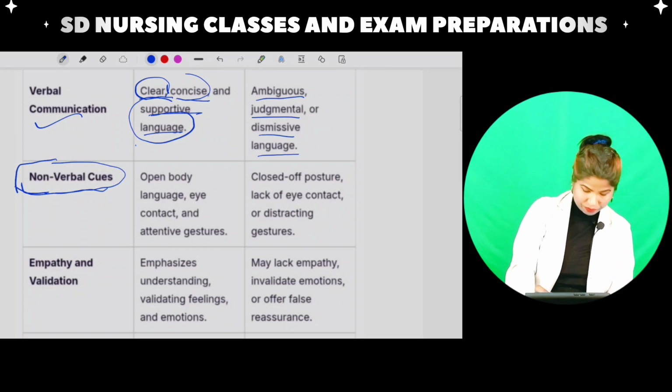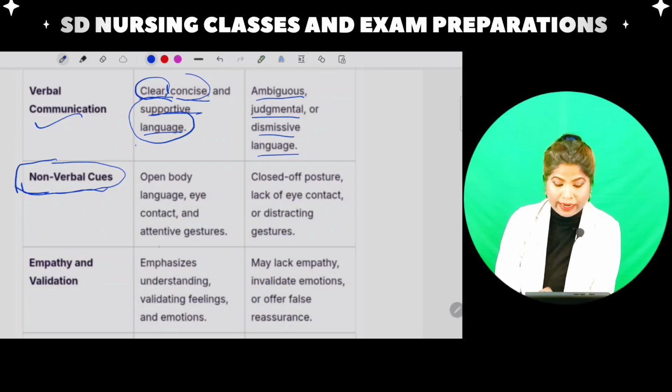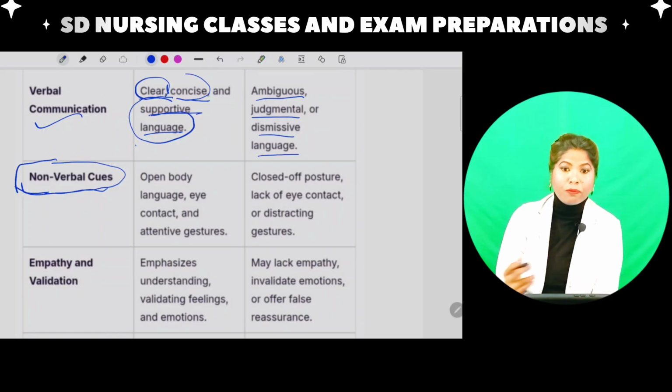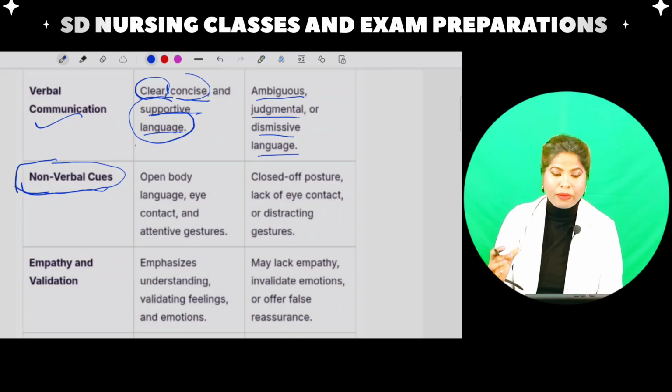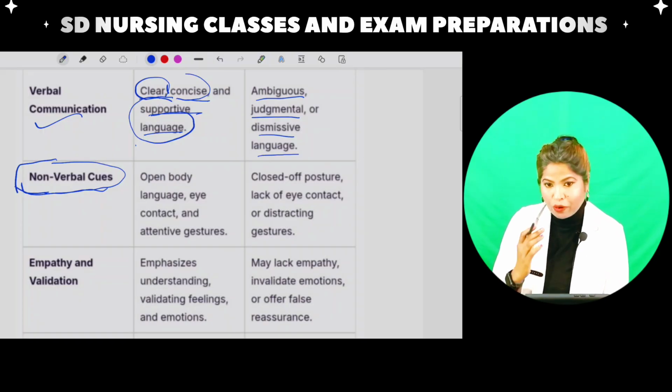So here what happens: open body language, eye contact and attentive gesture. Meaning our body language is totally according to what the patient is doing. We are observing the patient, we are sitting with them and our eye contact is there.